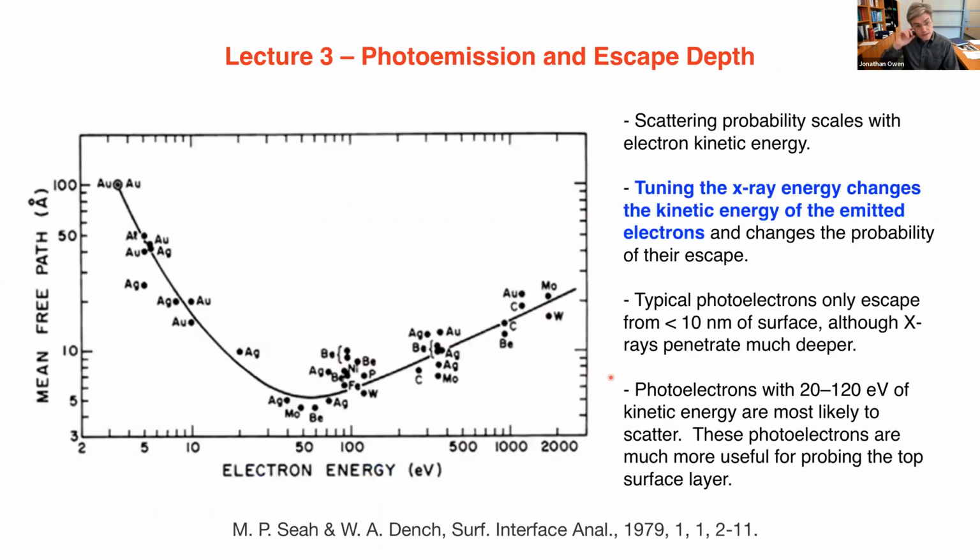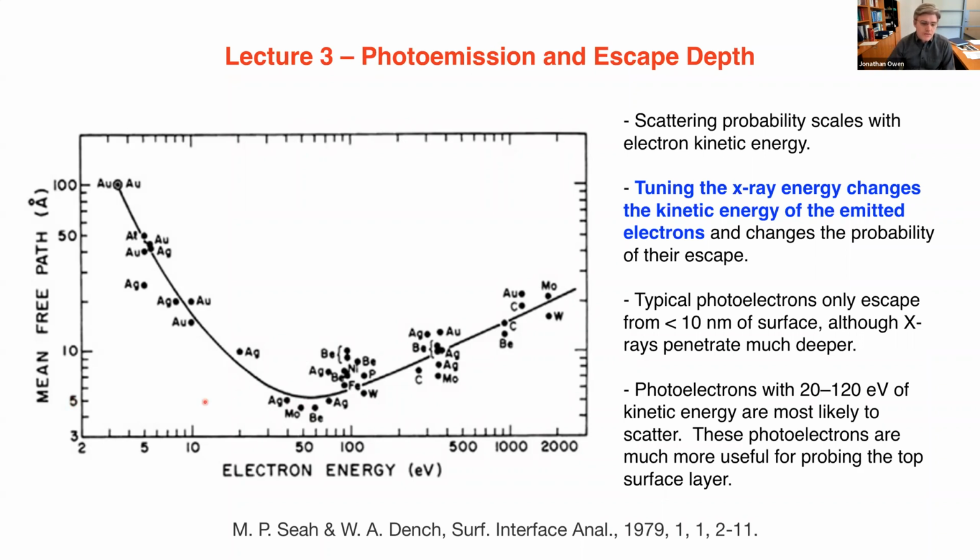So it turns out that the scattering probability, or the mean free path of the electron, is energy dependent. And so if you have an electron with a kinetic energy of 50 electron volts, the mean free path for that electron is really small.